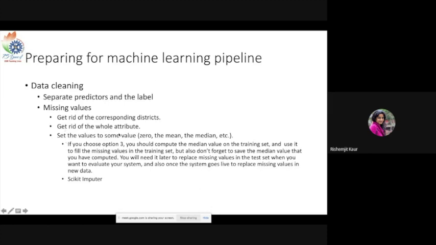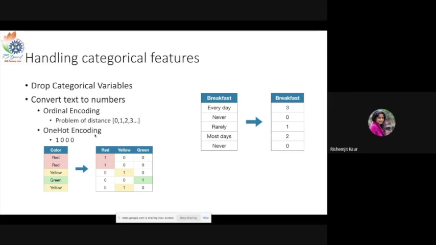We saw we can take different approaches. For example, we can delete that attribute altogether, that column altogether, or we can get rid of some of the rows where the values are missing, or we can replace them with the zero value or the mean or the median.